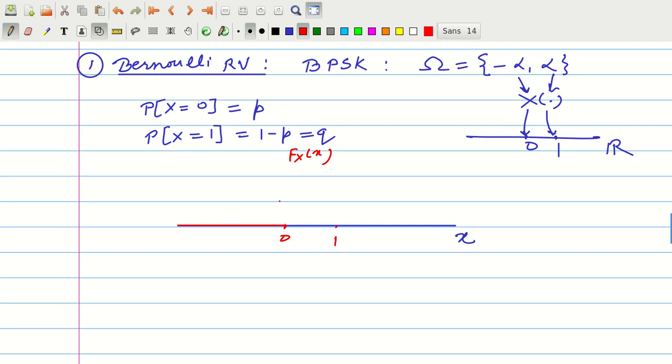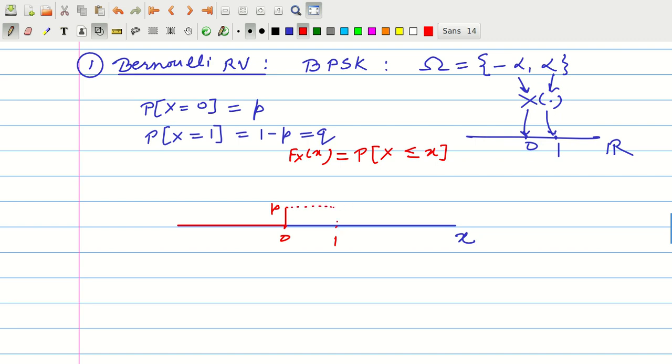When small x is equal to 0, then fx x is the probability of capital X less than equal to small x, which is p. So it takes a value p, and it remains p as long as x is less than 1.